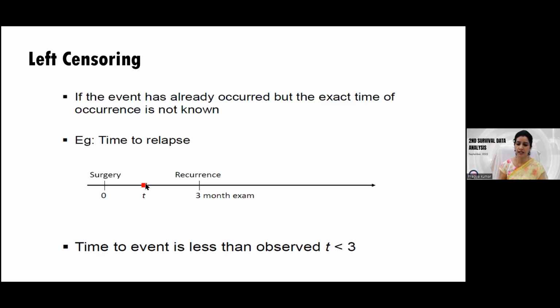So the hernia has developed in between these 2 time points, after the surgery and at the time of the examination. You know that the event has occurred in between these 2 time periods, but the exact time is not known. So in this case, the time to event is less than the 3 months of examination. And this is known as left censoring.